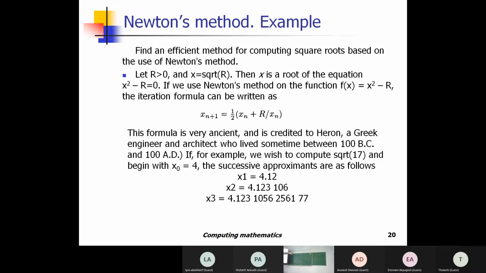Well, I ask you to take 1.75 and compute x2. You just put 1.75 here and compute x2. Of course, it's hard to compute in your mind. Please use your calculators.